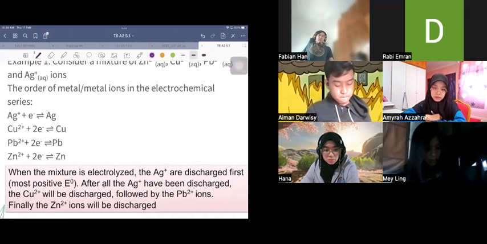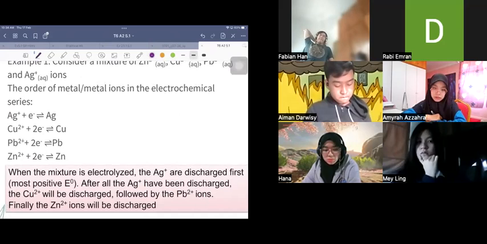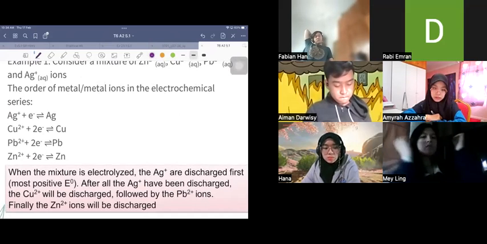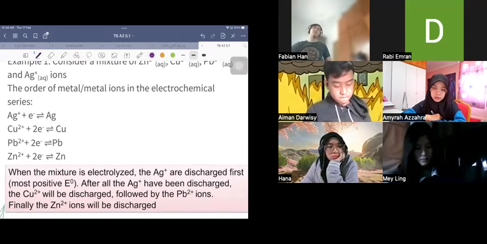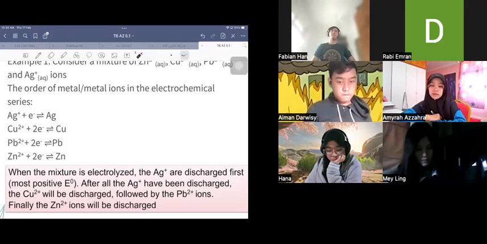Once all the silver ions have finished in your electrolyte, they move on to the copper ions. Once they have discharged all the copper ions, they then move on to the Pb2 plus ions and finally the zinc 2 plus ions. So this is how you would answer them.